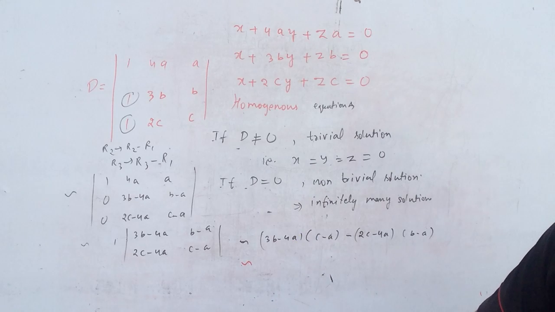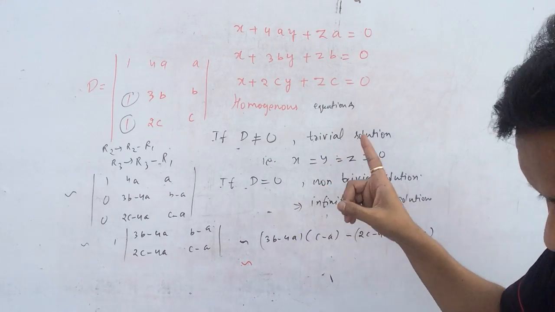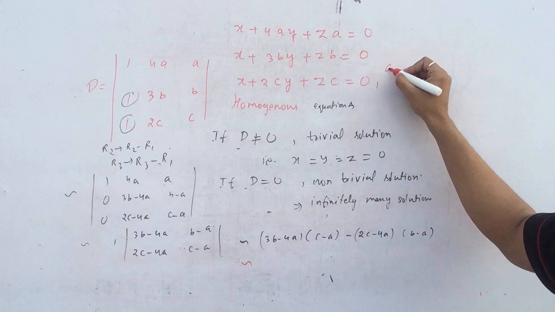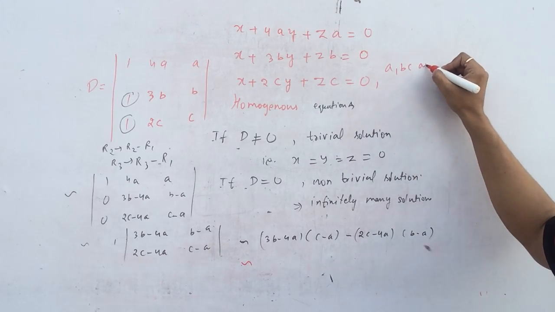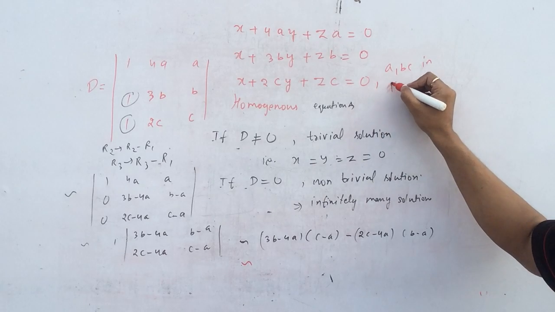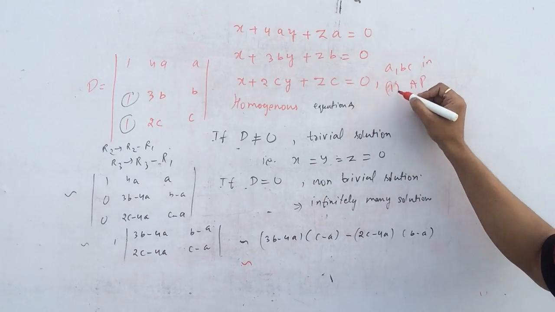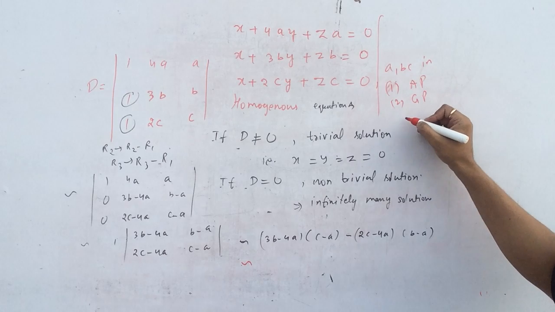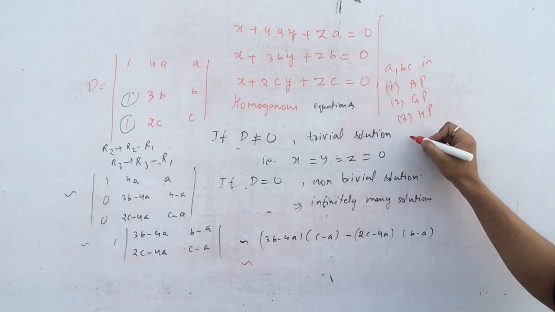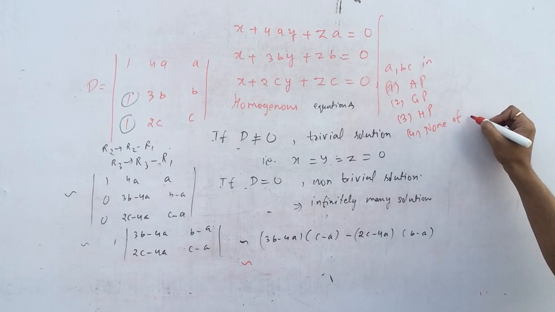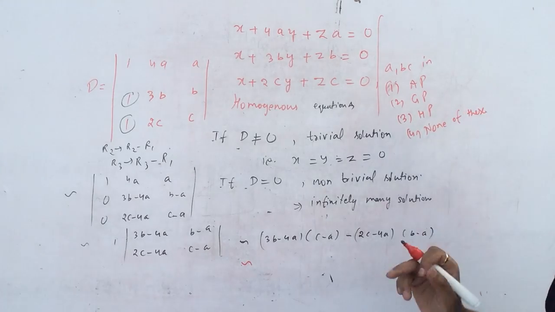We are given that d equals 0, and for a, b, c, you have to check whether they are in AP, GP, HP, or none of these. There are four options.